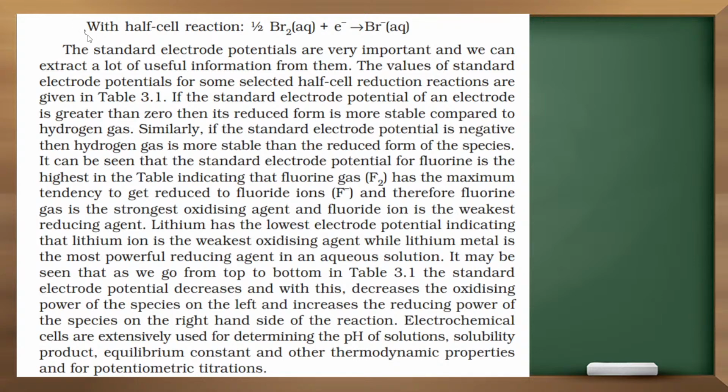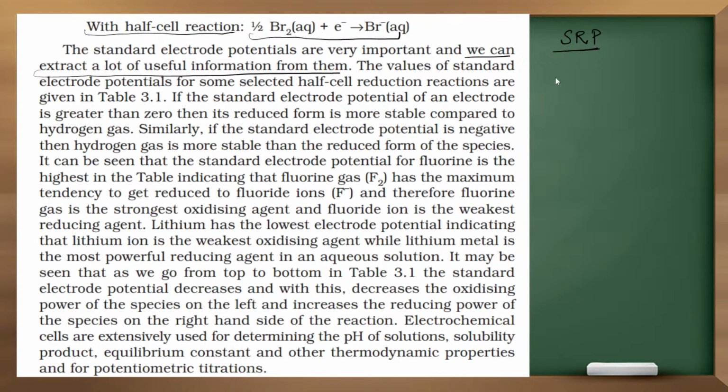Standard electrode potentials are very important, and we can extract a lot of information from them, because the values of standard reduction potentials are used to select a particular electrode as a cathode or anode.